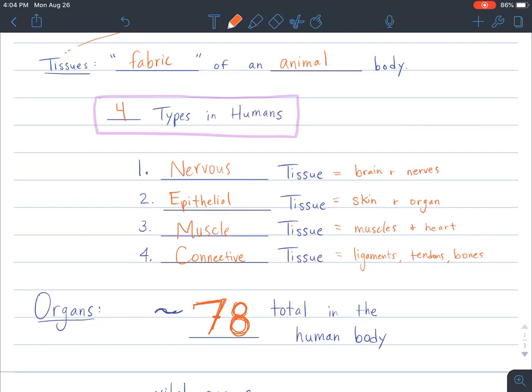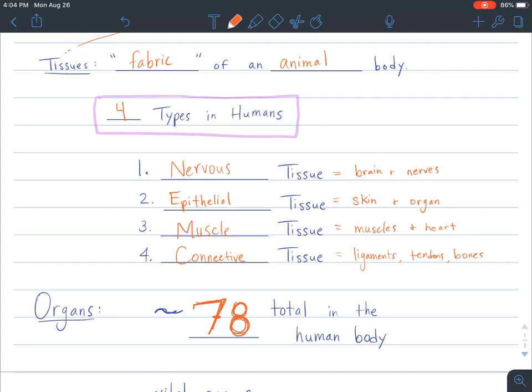Some people have had their brain, other things maybe removed. Not many people have organs added, but some people might be born with some extra organ as some type of genetic malfunction. So in total, we have somewhere close to 78 total organs in the human body.